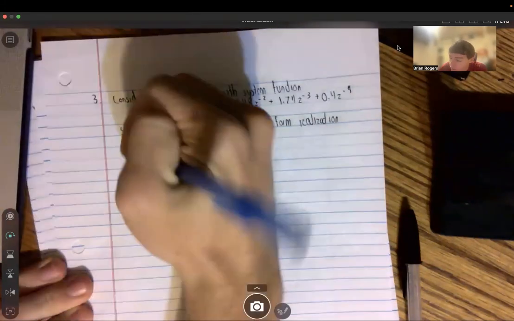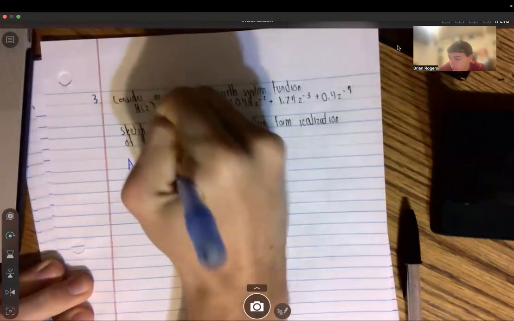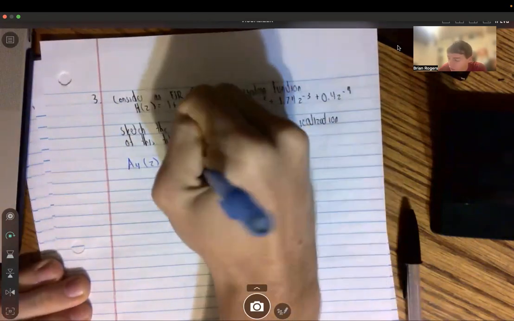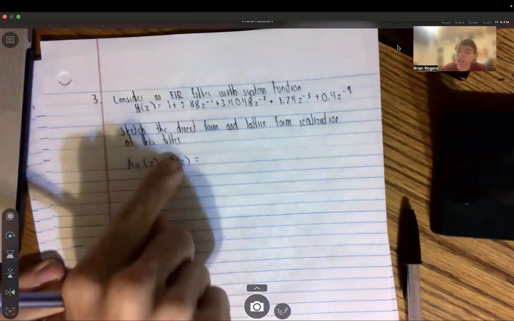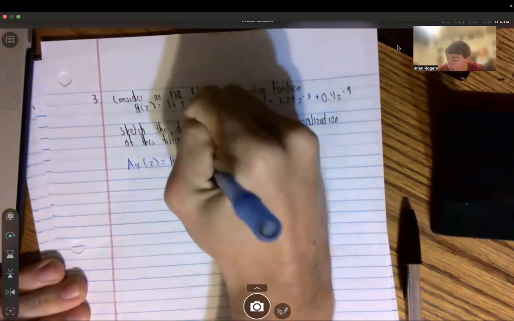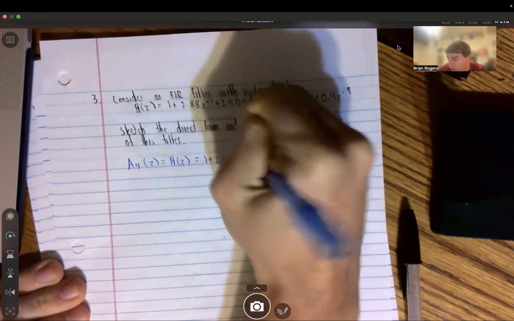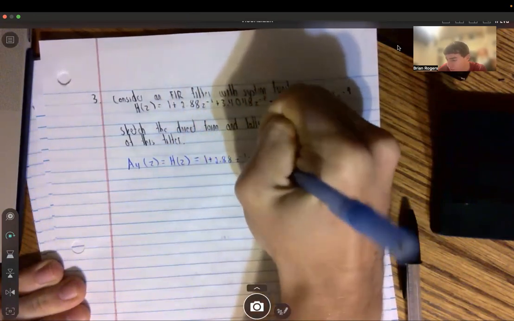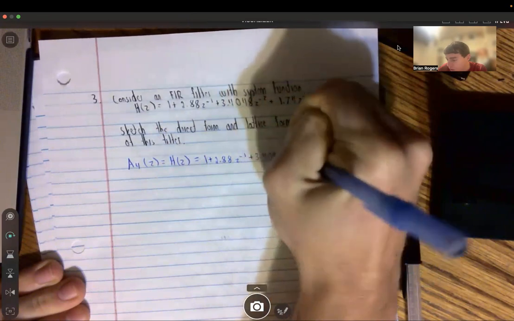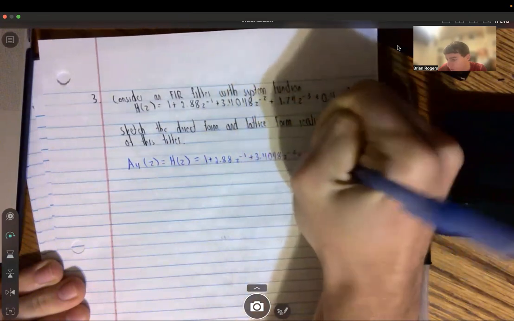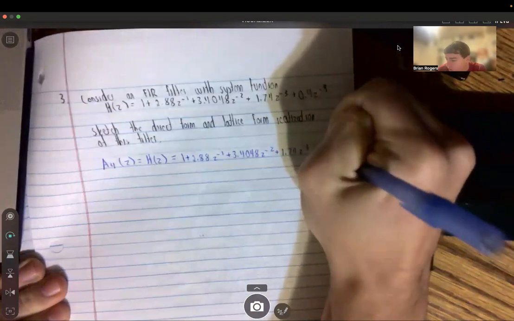So A4(z) is going to equal your transfer function H of z. And just copying down, you get 1 plus 2.88 z to the negative 1 plus 3.4048 z to the negative 2 plus 1.74 z to the negative 3 plus 0.4 z to the negative 4.